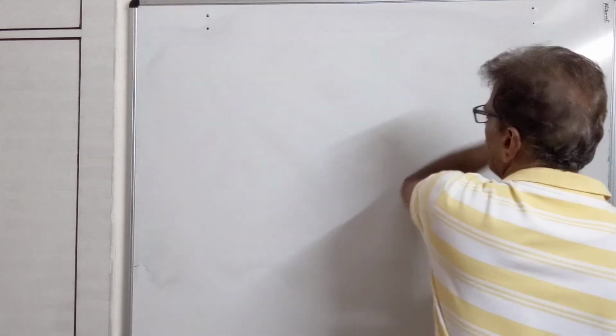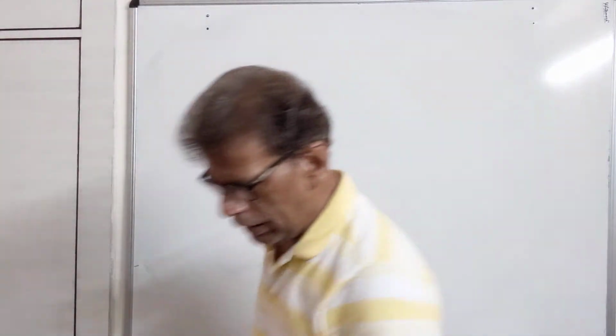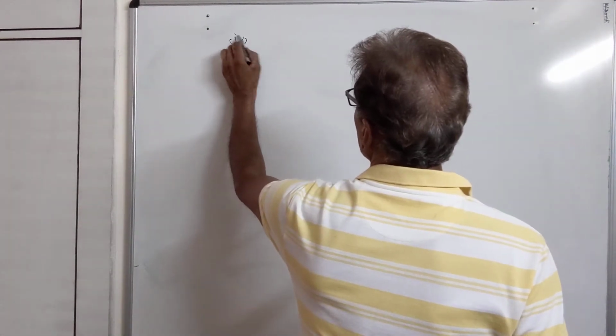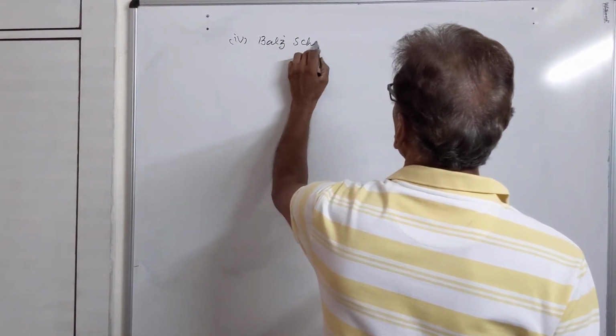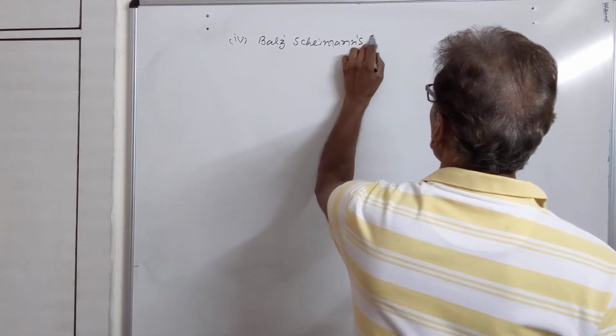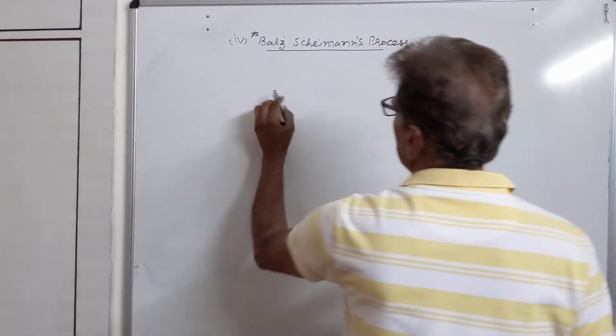So our fourth method of preparing aryl halide is the Balz-Schiemann process. This is also a name reaction.